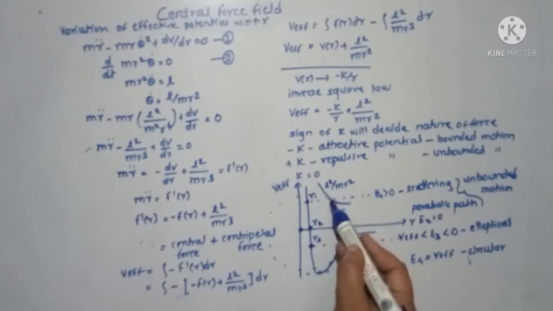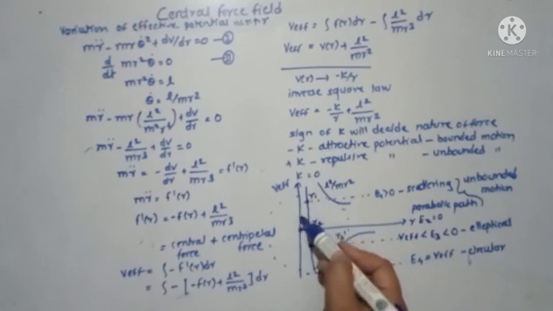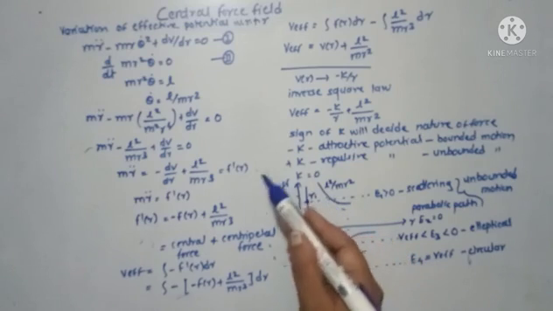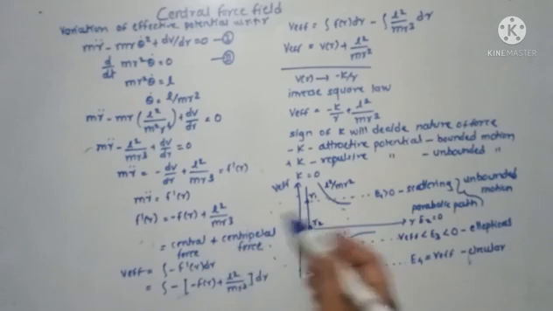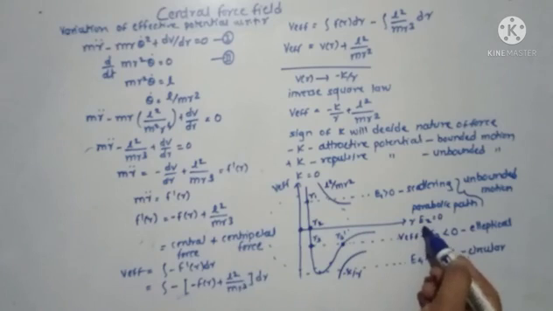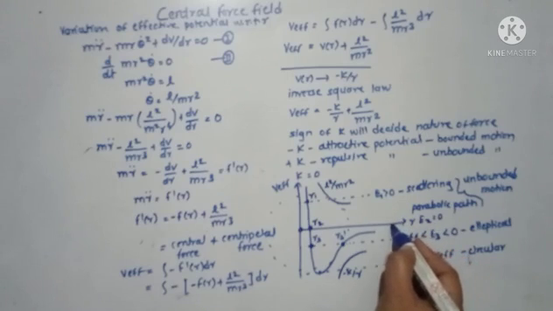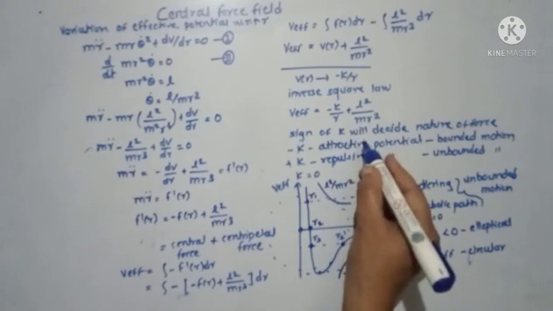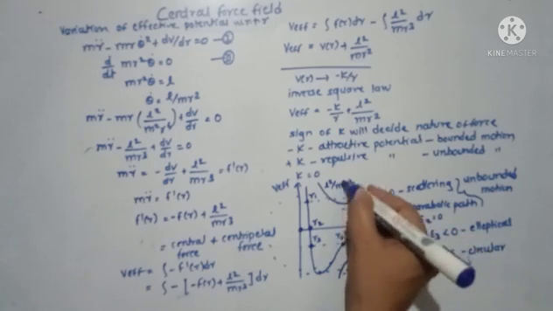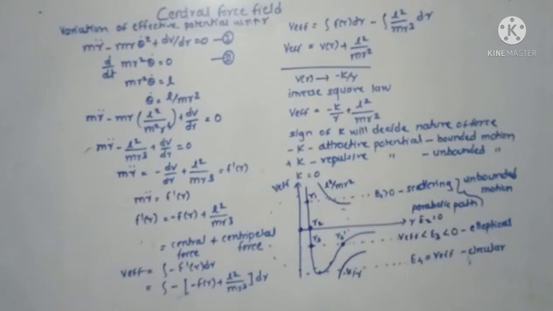It will not enter much deeper into the central force field, so it will form an unbounded motion. Even if the kinetic energy of the incoming particle E2 is 0, it may follow the parabolic path. Suppose the particle is coming from this side, it will go from this side and follow the parabolic path, which is also an unbounded motion.